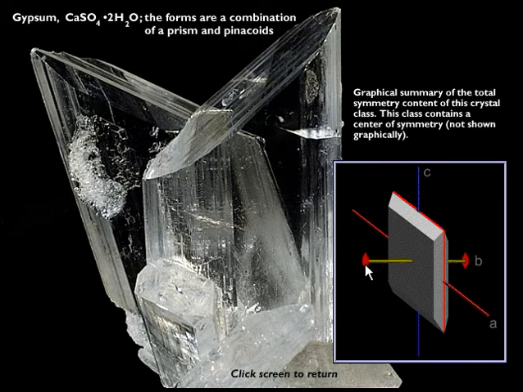Here you have the two-fold rotation axis that is here. And here you have the mirror plane. And the mirror plane is in the plane of C and the A axis, as I told you before.